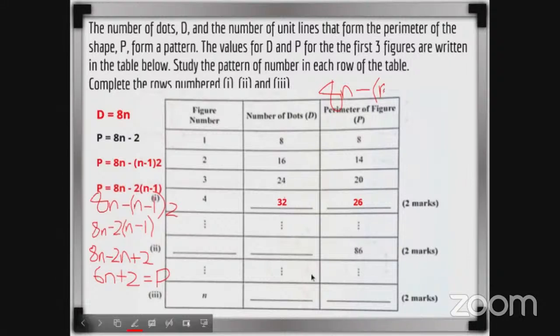So we're going to write 6n plus 2 equal 86. I'm going to take all of this off the screen when I'm finished. So I want you to tell me.